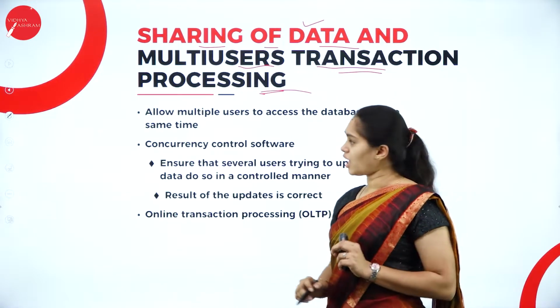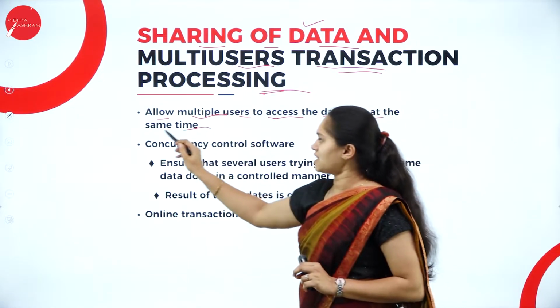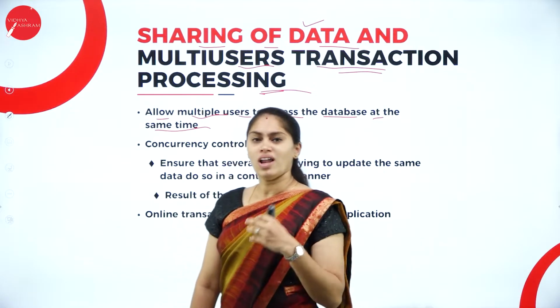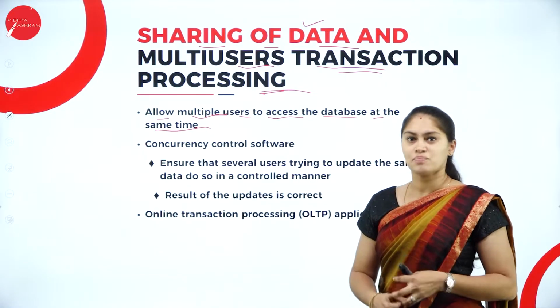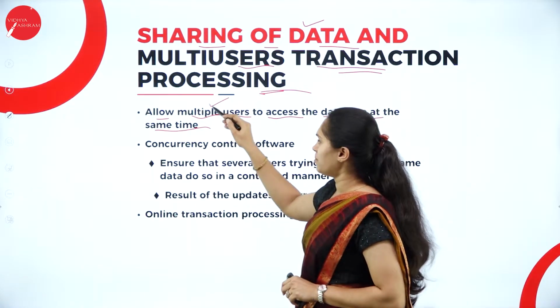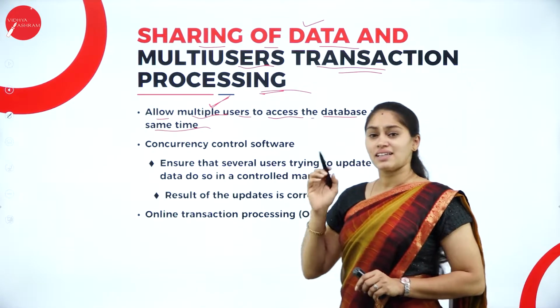It must allow multiple users to access the database at the same time. Take the example of your university result. All are trying to access the same web page, all are trying to get the result. If it is stored in the database, it has the ability to allow multiple users to access the database at the same time.